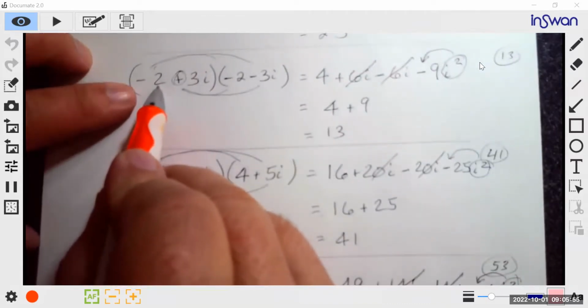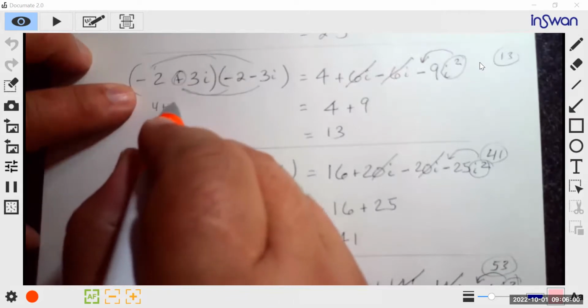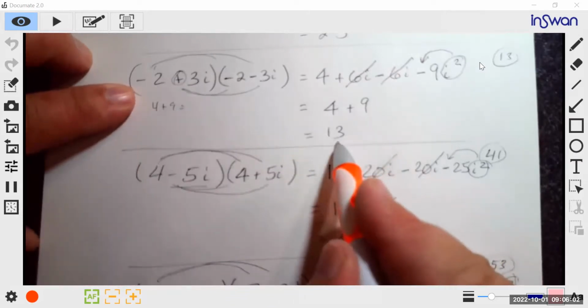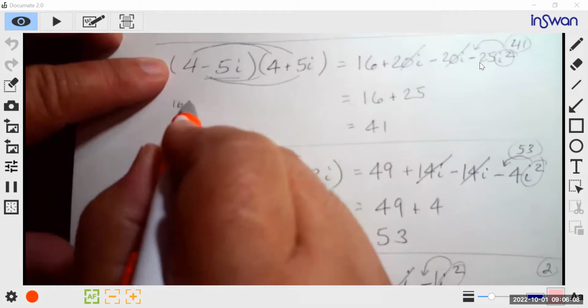Square of the first one is 2 squared plus 3 squared. 2 squared is 4 plus 9 is 13. 4 squared is 16, 5 squared is 25.